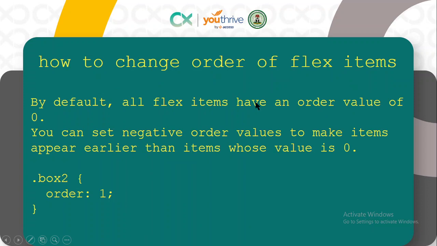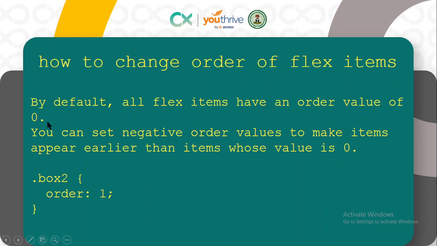So let's go to the next one. How to change order of Flex items. Now by default, all Flex items have an order value of 0, means the way you arrange it in your markup is the way it will appear on screen. But you can set a negative.